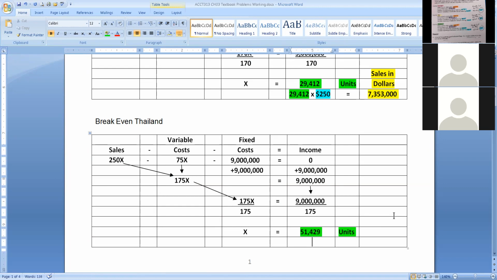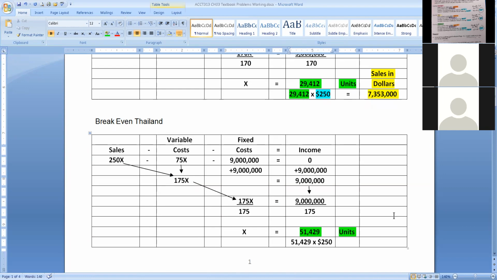And the dollar sale would be $12,857,250. 1, 2, 3, 5, 7. Yep, I think that's it.